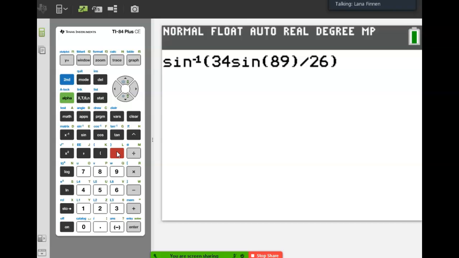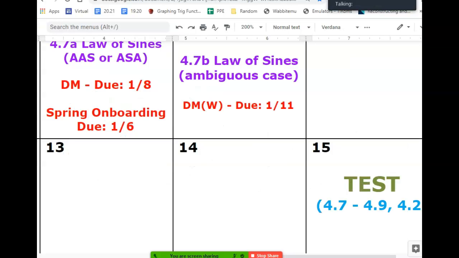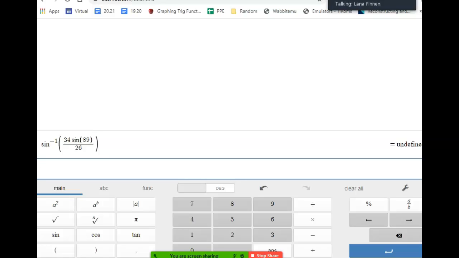So if you're using an 84 type calculator, then this is what I get, error for domain, or you might get a syntax error or some weird error on calculators like this. If you are using the Desmos calculator, then, so this is what we just typed in, then you get undefined, okay?